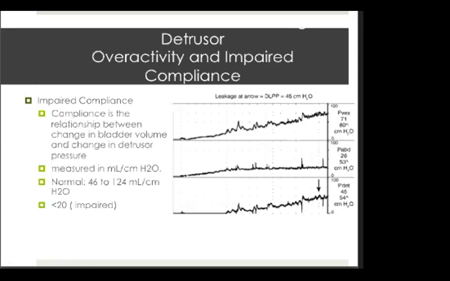So the compliance is 6.67, less than 20, so impaired compliance siya. We just divide the volume by the PDET: 300 divided by 45 is 6.67.